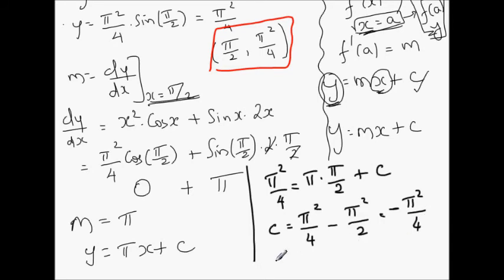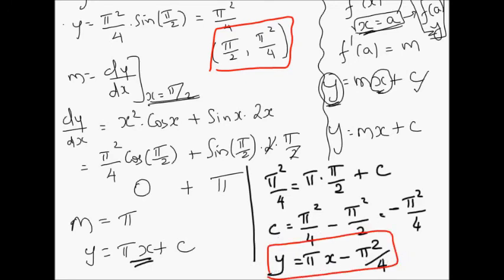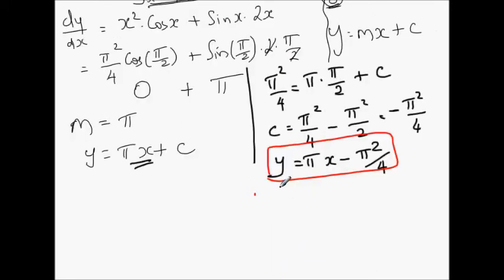So substituting this c value, you will get y equals pi x minus pi squared over 4, and that would be our final answer for the equation of the tangent.